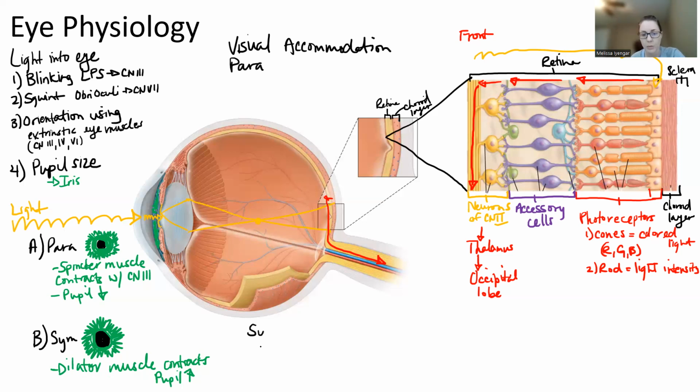And at the bottom, I'm going to put sympathetic stuff just to keep us aligned with what's happening. So you kind of think about under parasympathetic conditions, your pupil is going to get smaller and then your lens has to change shape in order to see objects close up. Okay. And this is close objects.